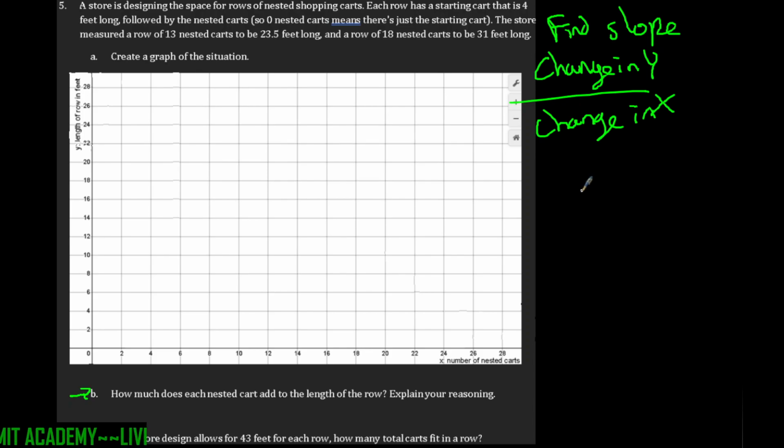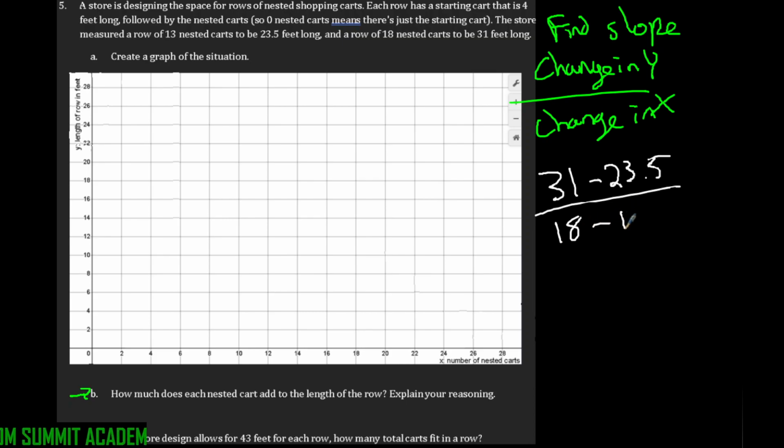So I'm going to say in my y values I have 31 minus 23.5 divided by my change in x, which is going to be 18 minus 13. So let me actually calculate that for you.